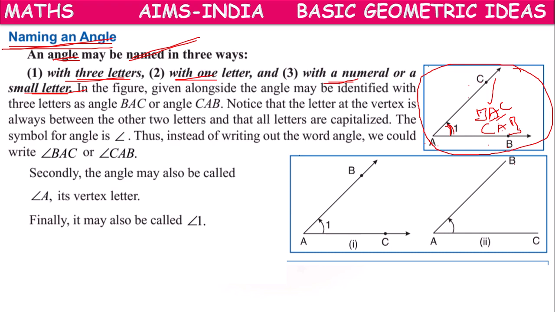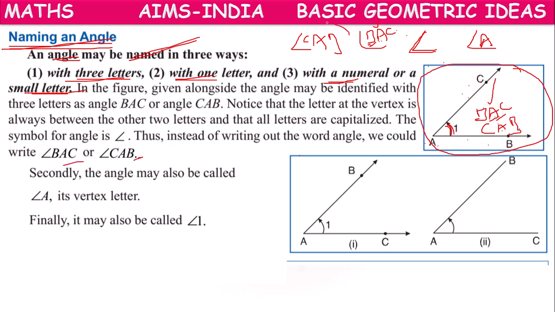Or we can also mention it with just a single letter. This is the symbol for angle. We can mention it as angle A, or angle CAB, angle BAC. It means the vertex should always be in the middle of the other 2 points of the other 2 rays.